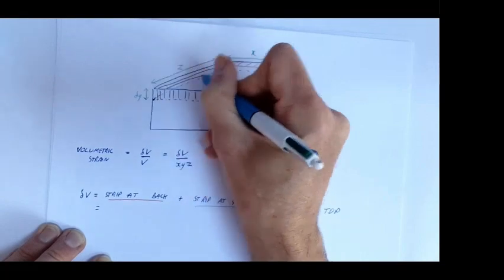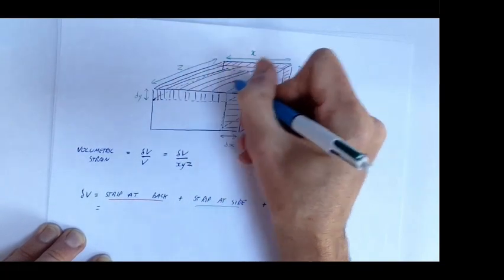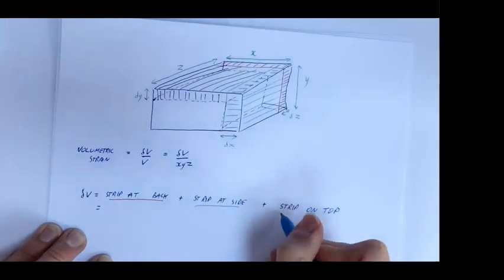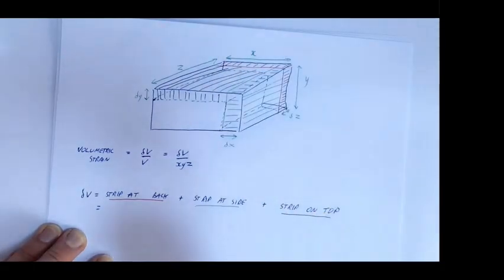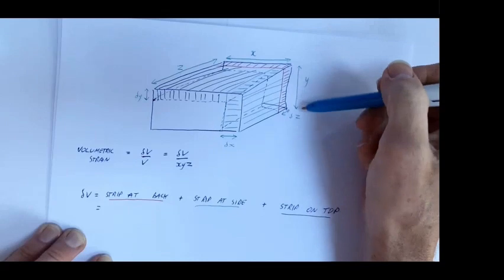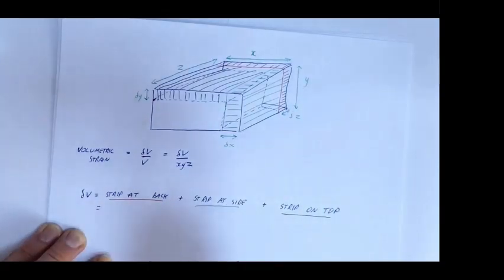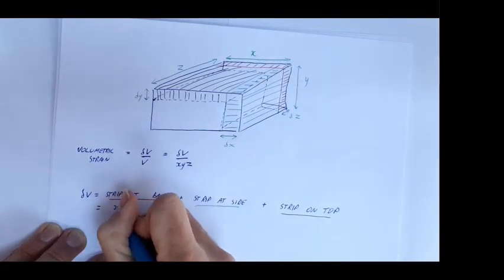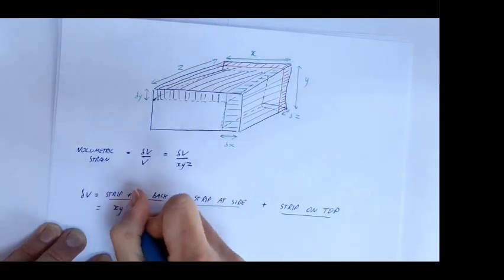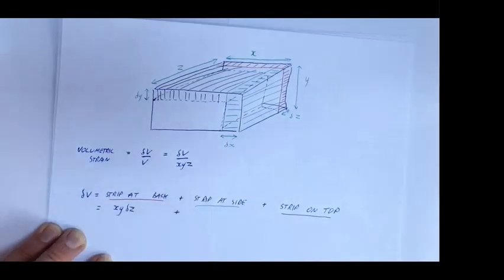There. I'll shade that in black. Strip on top. Okay, now what's the volume of the strip at the back? Well, it's x times by y times by delta z. Okay, the strip at the back is equal to x, y, delta z.